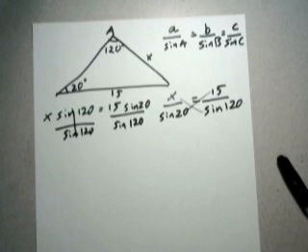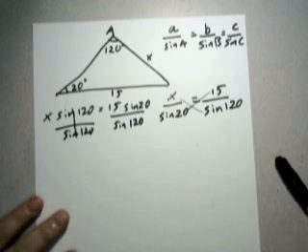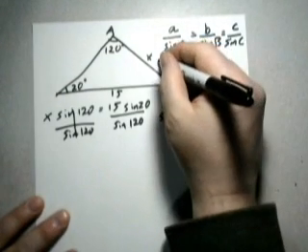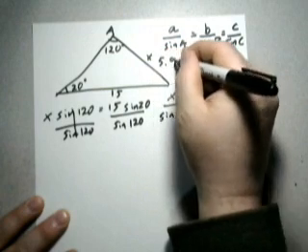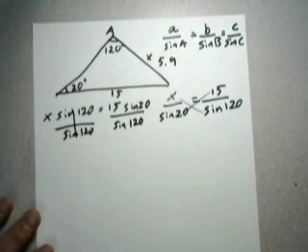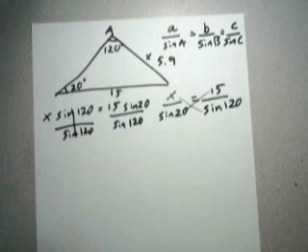So 15 times the sine of 20 divided by sine of 120. 5.9. So the distance of x is 5.9. Okay, so here we're using the law of sines. Okay, so now let's go to number 11.